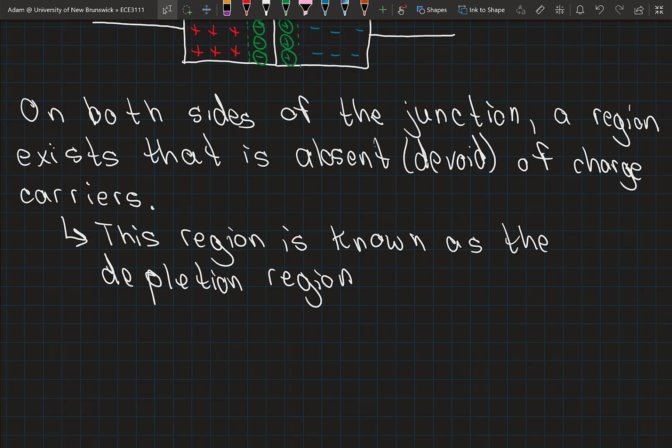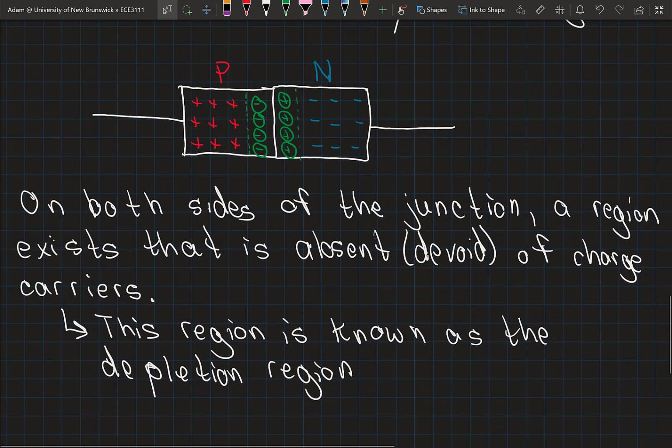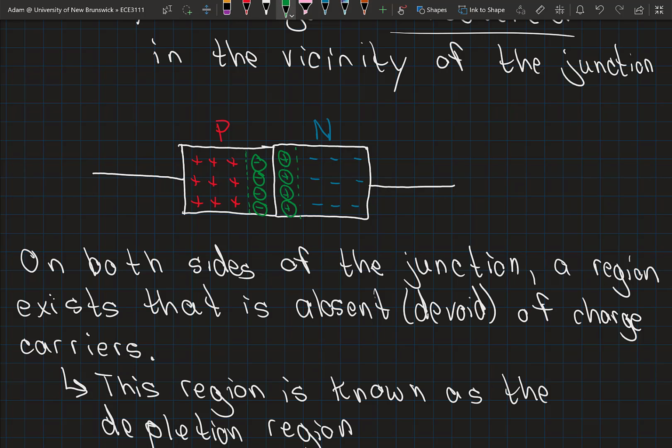Okay, that's that region I've shown in green here, and again the size of it is exaggerated in this diagram, but that's just to make it stand out here.